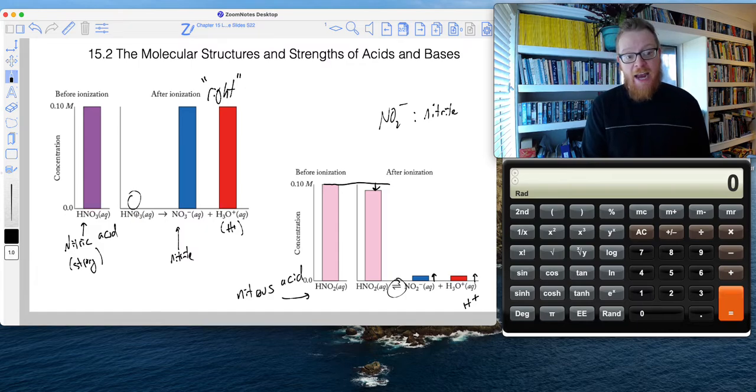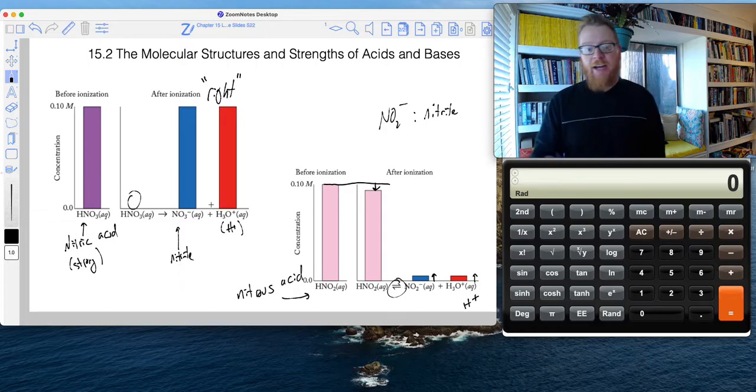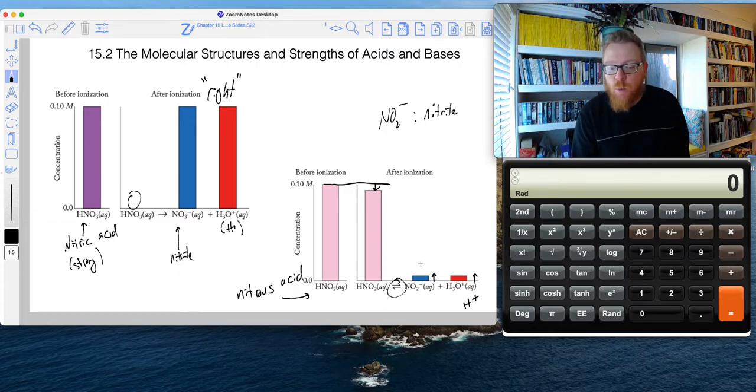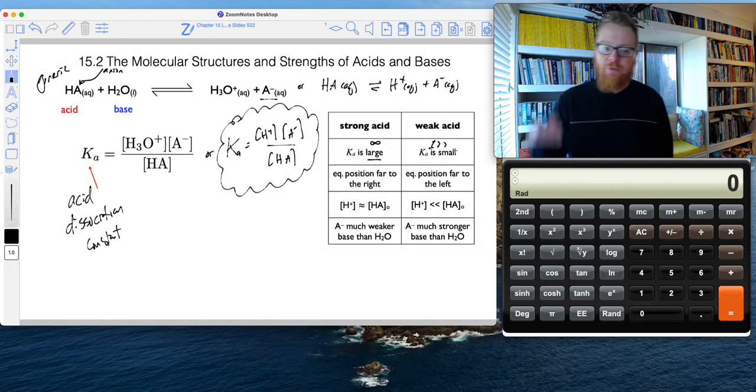That means after the reaction's done, all of the mass is on the right-hand side of the reaction. But now you notice for this weak acid, right after it's done its ionization, almost all of the mass of the reactant is on the left. So once again, that's what we mean with this equilibrium position being on the left or on the right.